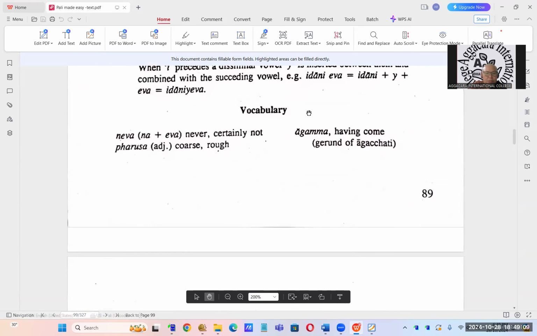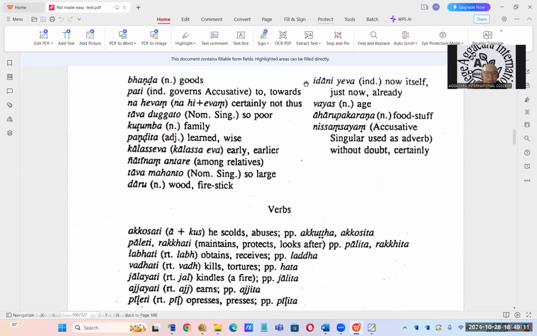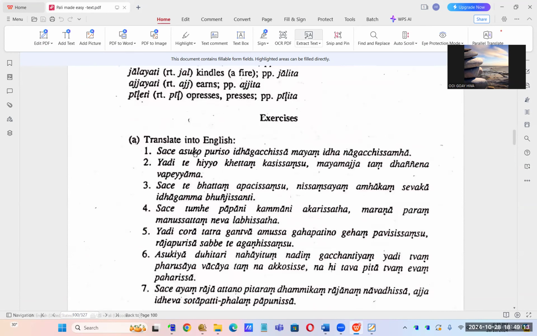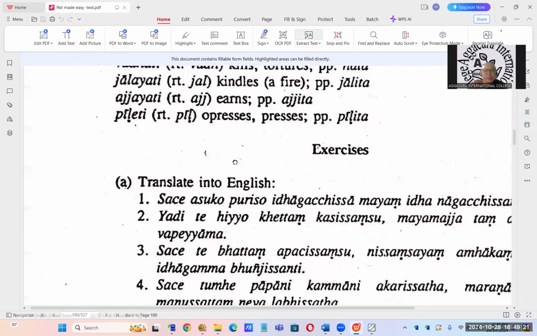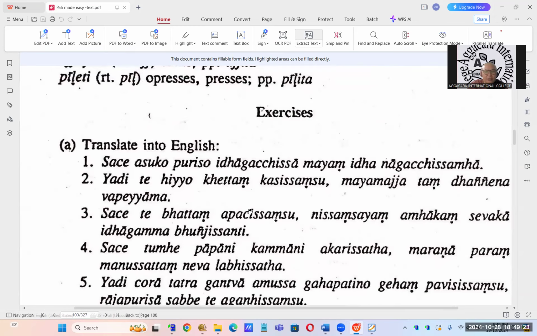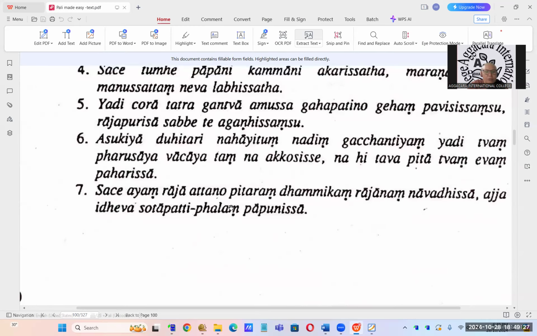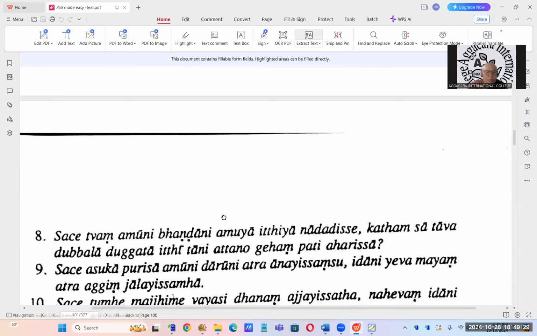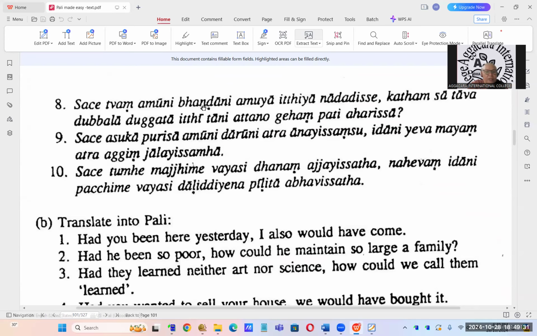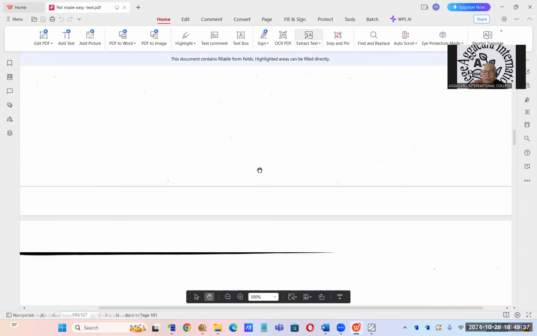I think you come to the conditional mode. You can see asuko in the exercise: asuko puriso. It means a certain person or that person. When you do the homework, you can find more. Amuni means certain goods, such goods. Amuni bandani. Anyway, this one we will stop.